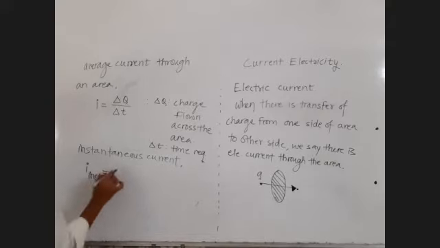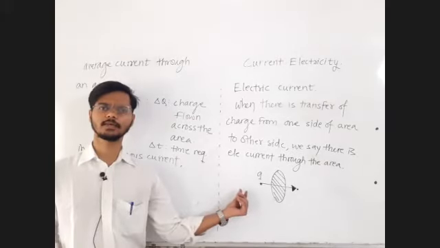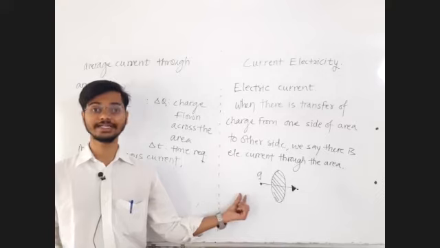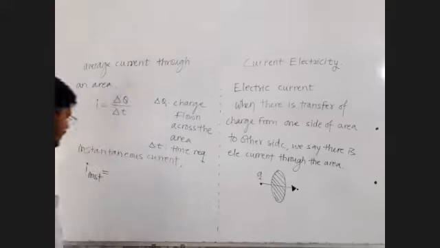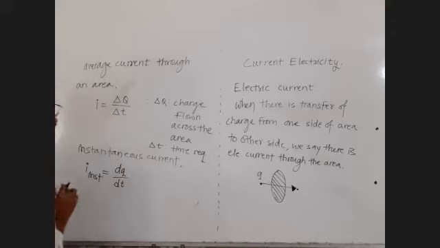Instantaneous current is at a given instance of time, take a very small time interval dt. In that dt time interval, check what is the charge transferred. A very small amount of charge dq will be transferred, divided by dt. So instantaneous current is dq by dt.